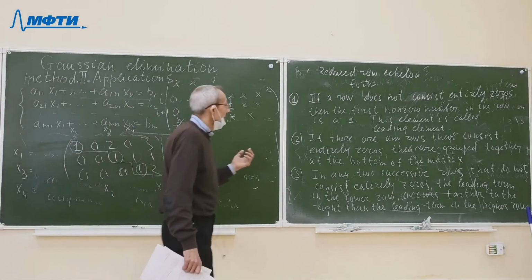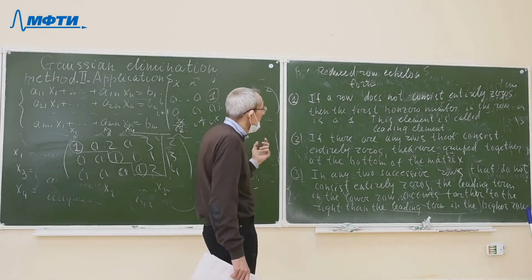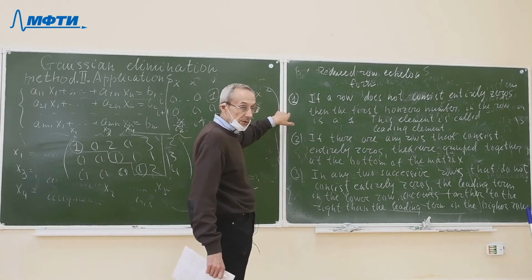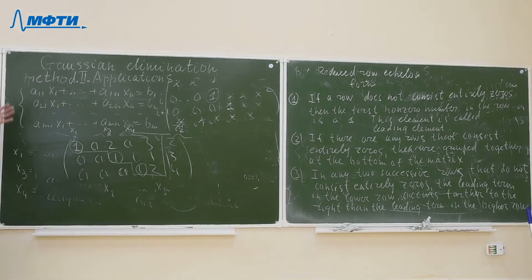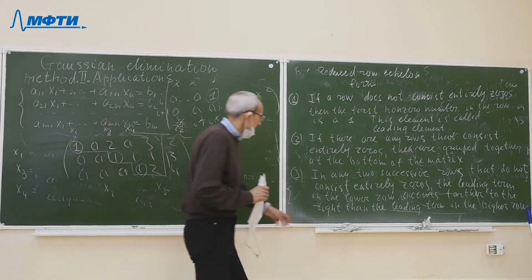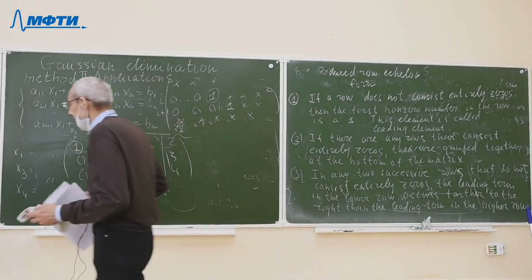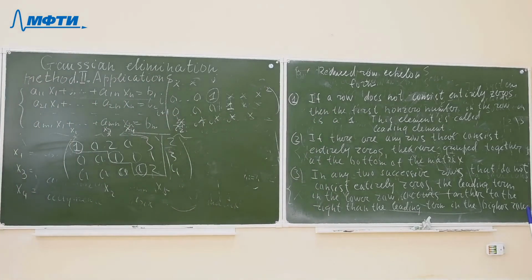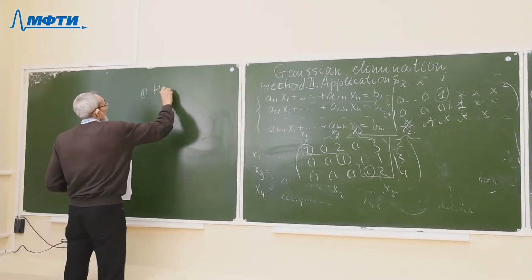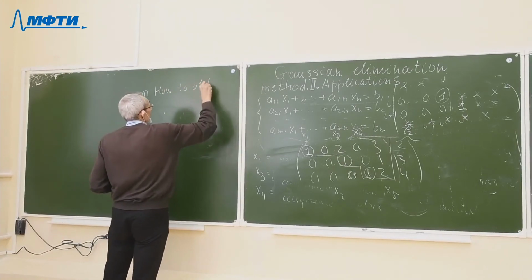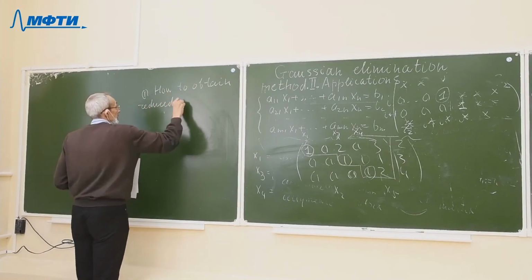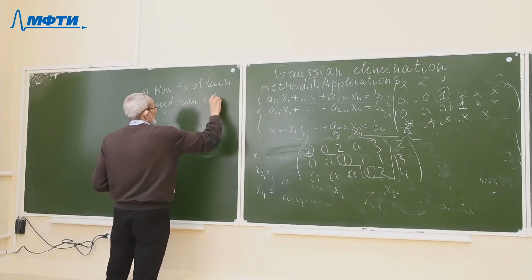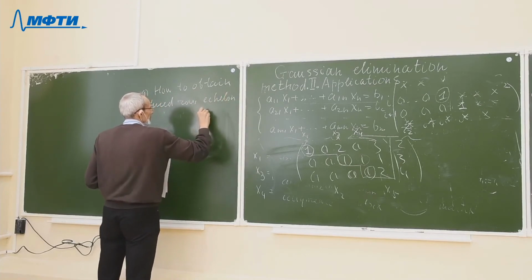The first assertion: how to obtain the reduced row echelon form? We have an arbitrary matrix. We have two problems. First, how to obtain the reduced row echelon form.